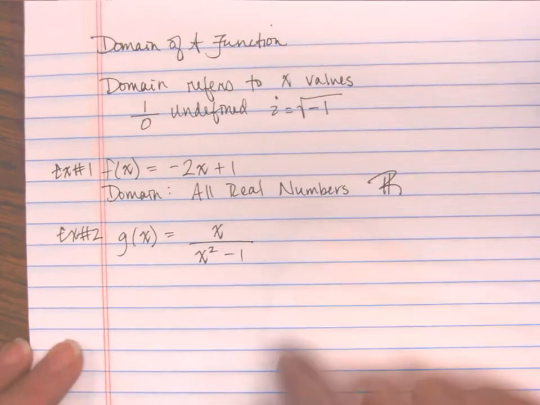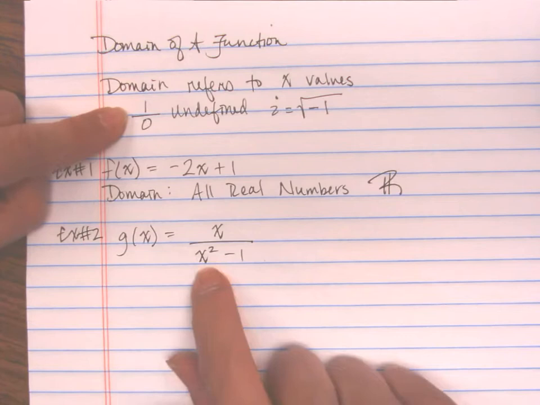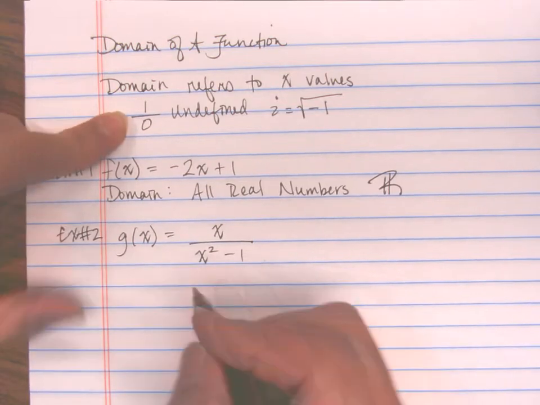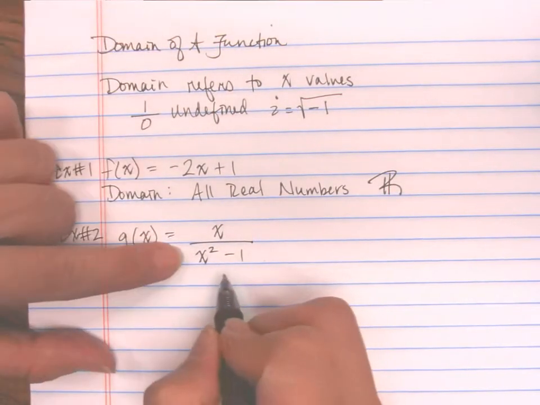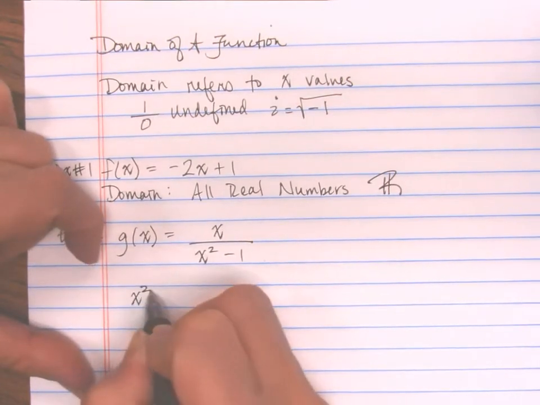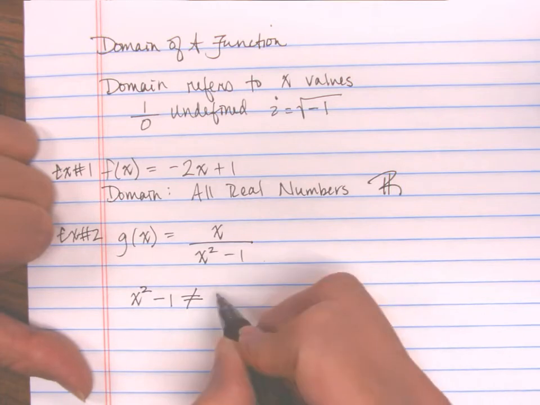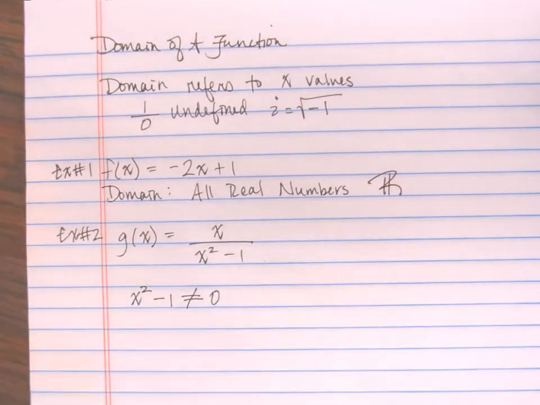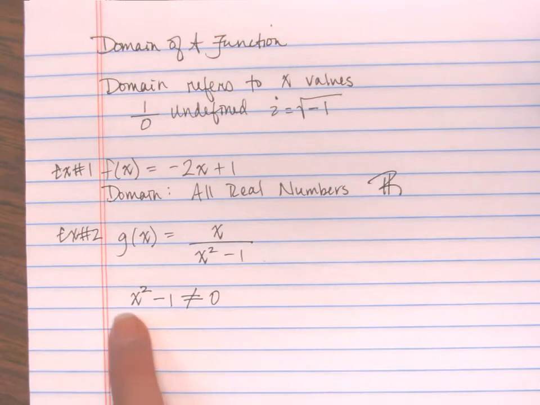Really my concern here is that any number I plug in for x is not going to result in a 0 in the denominator. So the way we solve for domains, we're going to take our denominator, x squared minus 1, and we're going to tell ourselves that that cannot be equal to 0. So the not equal sign right here. And then we're just going to go ahead and solve this like we normally would.